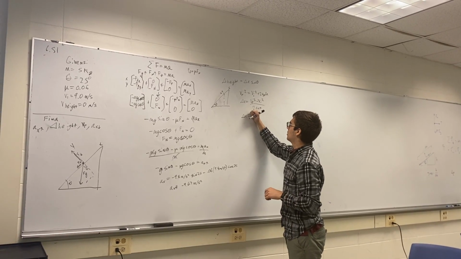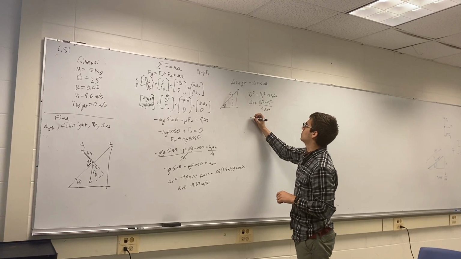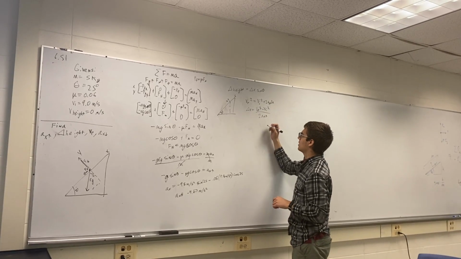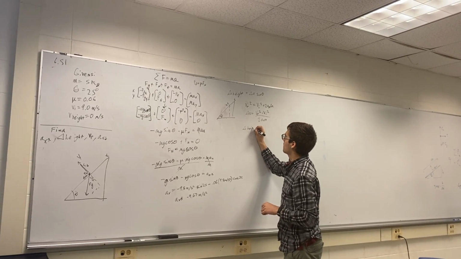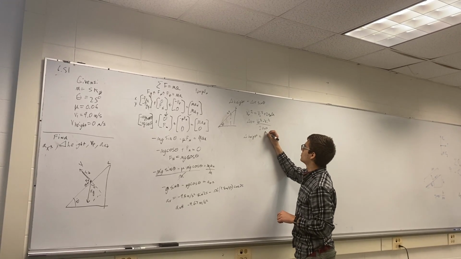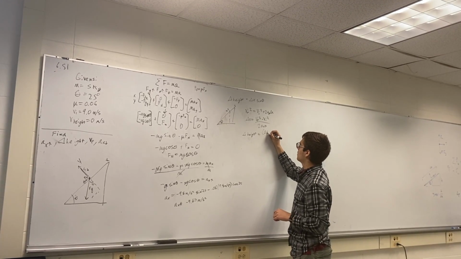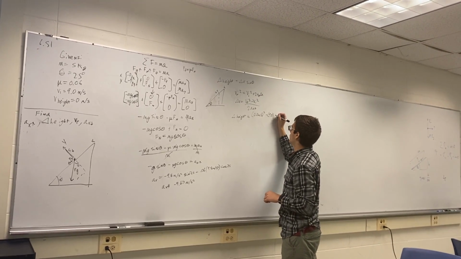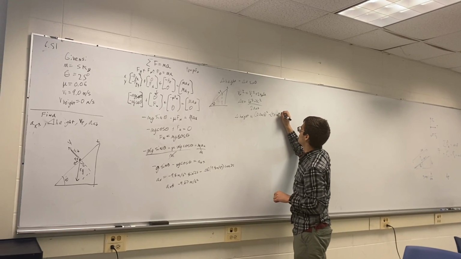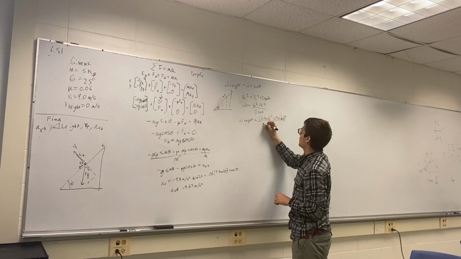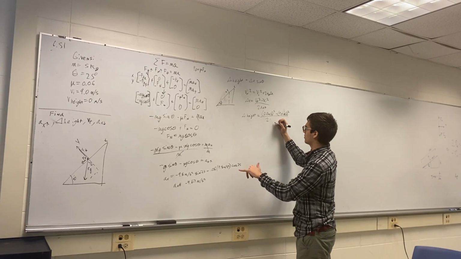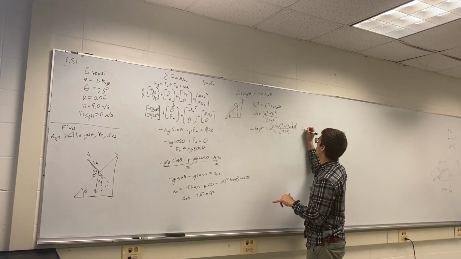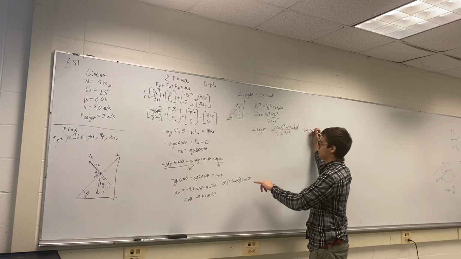We have that, so our change in height is just going to be this times sine theta. So our change in height is going to be equal to 0 meters per second squared minus 9.9 meters per second squared divided by 2 times this number that we got down here, negative 4.67, and then we multiply that by sine 25.